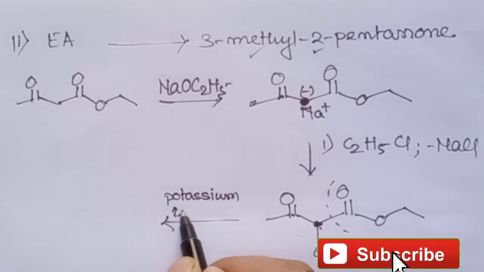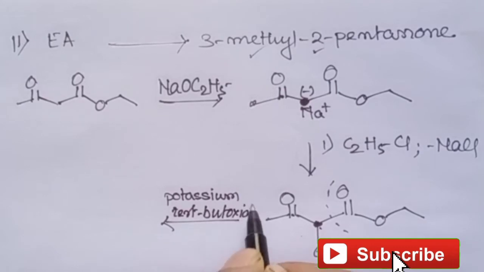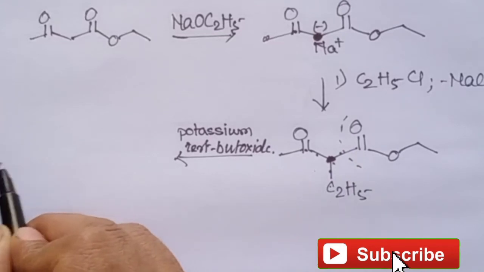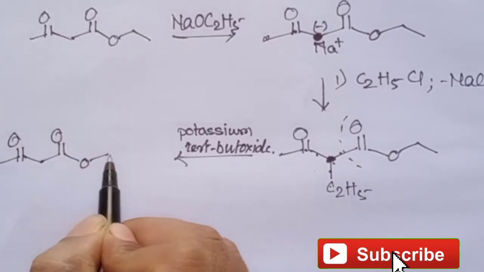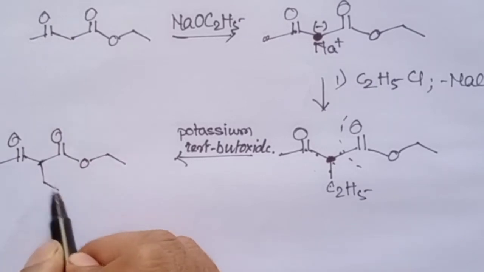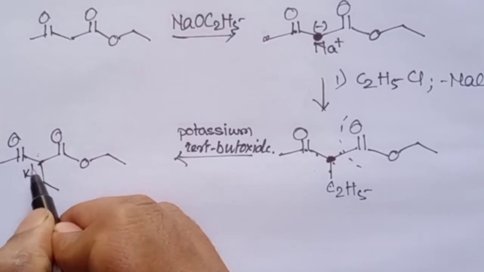Potassium tertiary butoxide will be the base. If I add it the same way, the hydrogen, which is 1, 2, 3, so there remains 1 hydrogen which will be lost, with K plus.